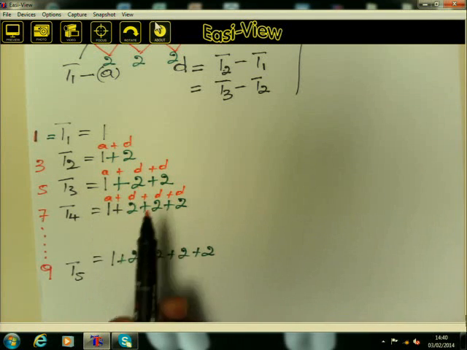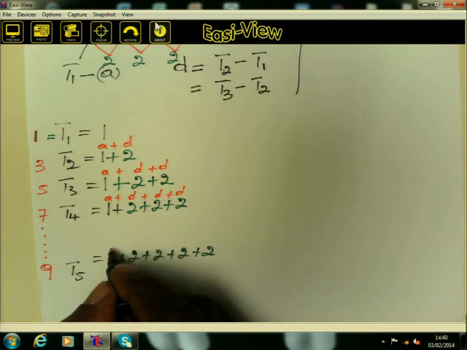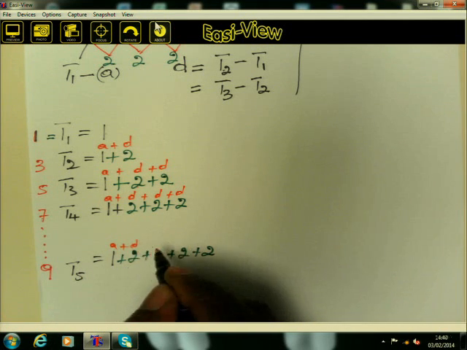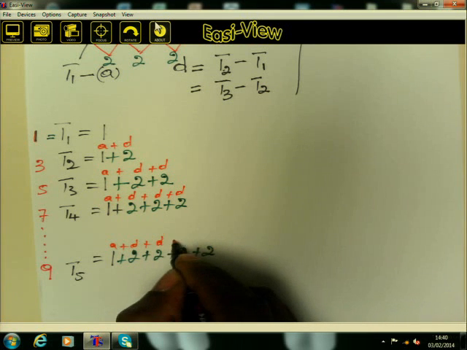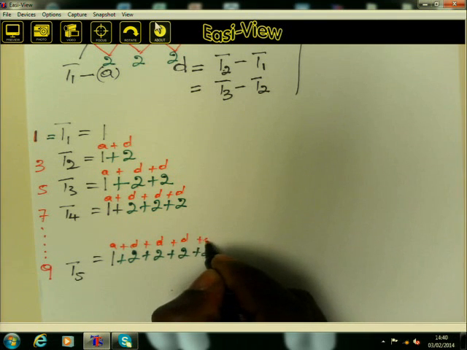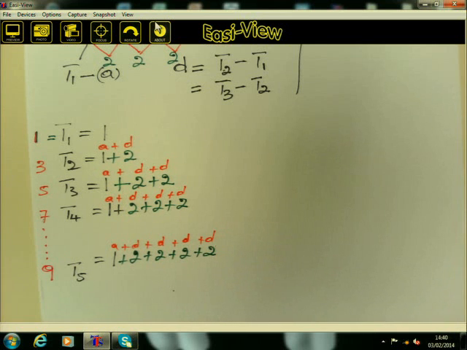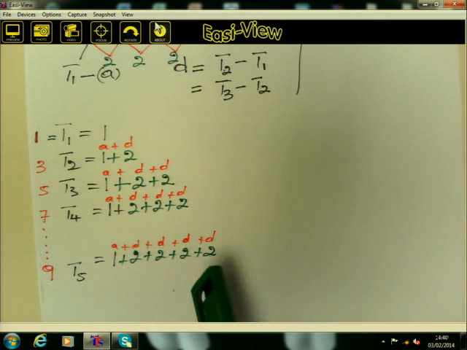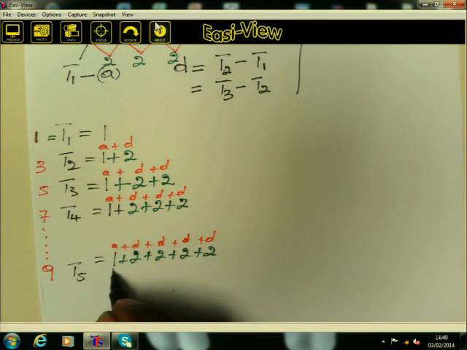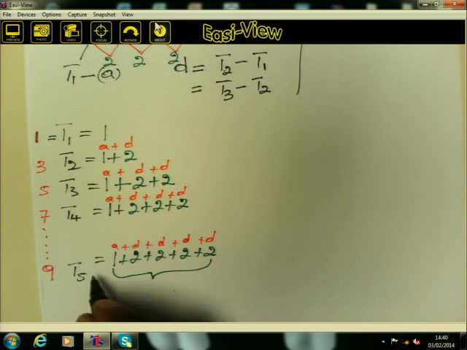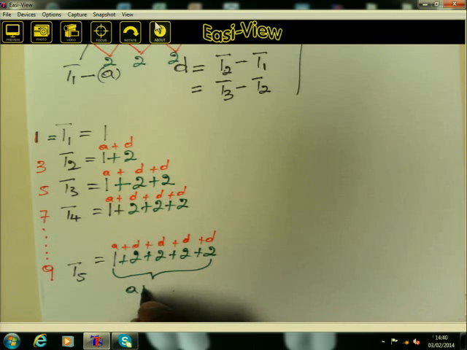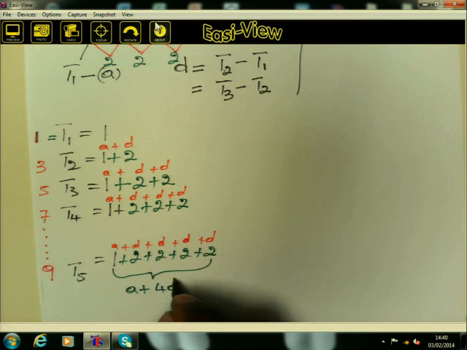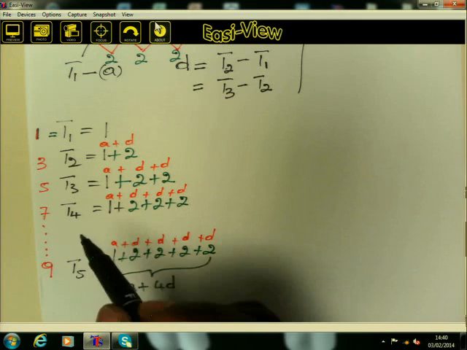So we have A plus the 3 differences. That one will be the first one plus the difference, the third difference, and another D there. In other words, we can say now term number 5, the fifth term, is given by the first term with 4 differences. We can combine this at once and for all and say the term number 5 is nothing else but A plus 4 differences.